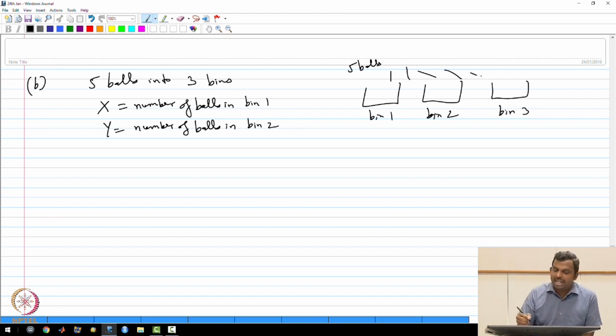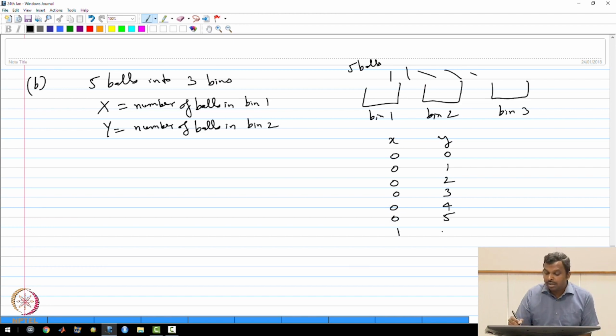So if you were to start building a table, it might become a little bit more difficult than what you bargained for. So for instance, if x is 0, y can be 0. If x is 0, y can be 1. If x is 0, y can be 2, right? So all of these are possible. All the way up to here is possible.